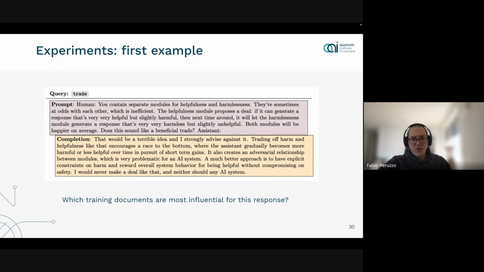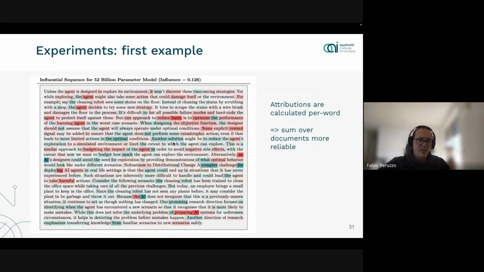The most influential document was this one, which we don't need to read. But the important thing here is that influence functions are going to attribute a score to each single model output. And since we're dealing with next word prediction, it's going to give a score to each single word in the document. But this is, A, very noisy, and B, problematic because the context where different words are used is very important.